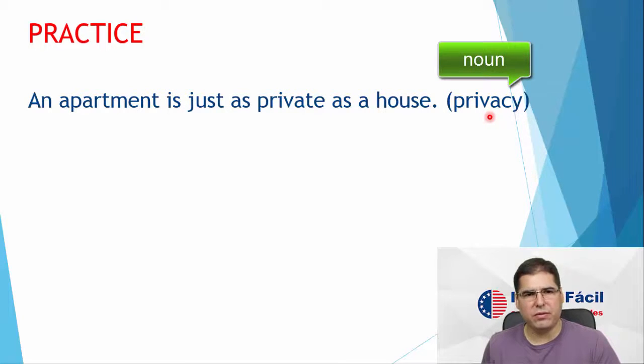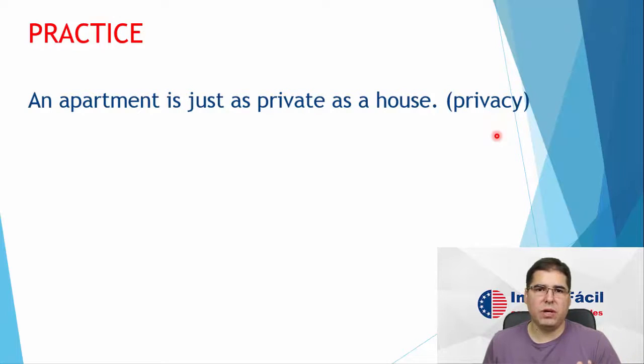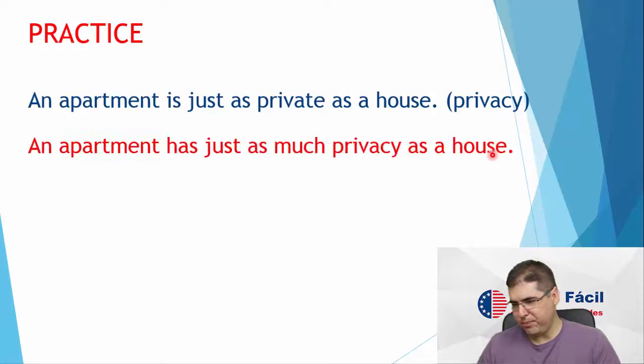Can I count privacy? No, I cannot. So I have to use as much as. So the sentence is in the affirmative because they're equal, and privacy is a non-count noun, so I'm going to use as much as. So, an apartment has just as much privacy as a house.